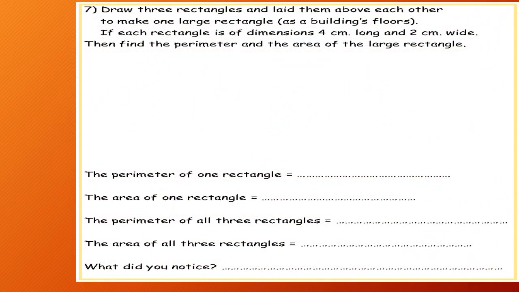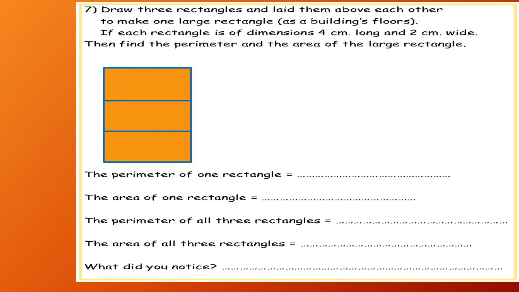Draw 3 rectangles and lay them above each other to make one large rectangle as a building's floor. If each rectangle is of dimensions 4 cm long and 2 cm width, then find the perimeter and the area of the large rectangle.